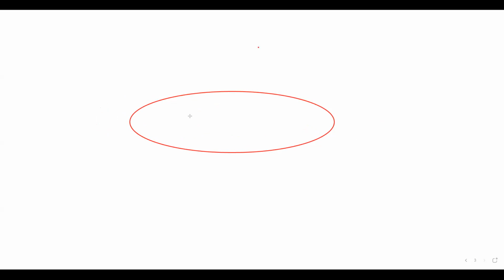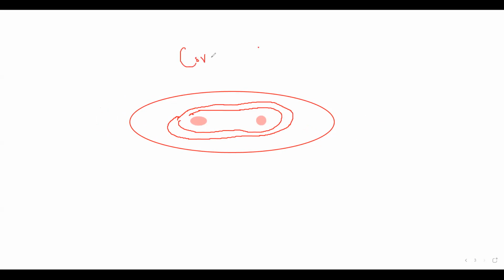For example, this is one nucleus, this is another. So we find the maximum probability of finding an electron within this region. Is the difference of electron density for covalent molecules and ionic compounds clear? Any doubt in this part?